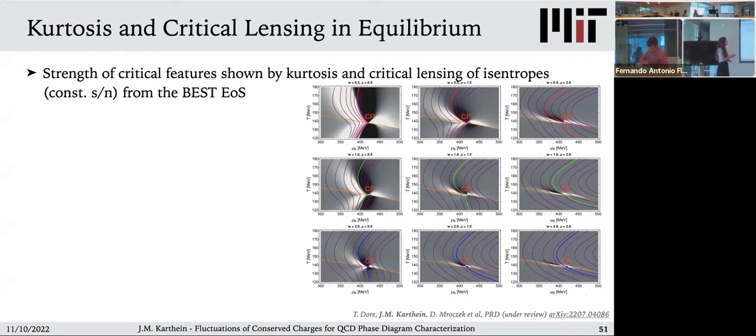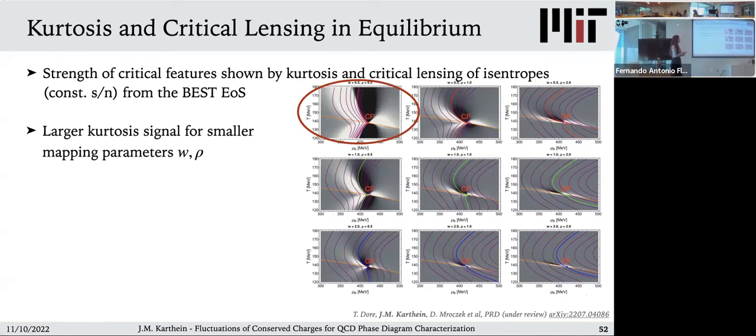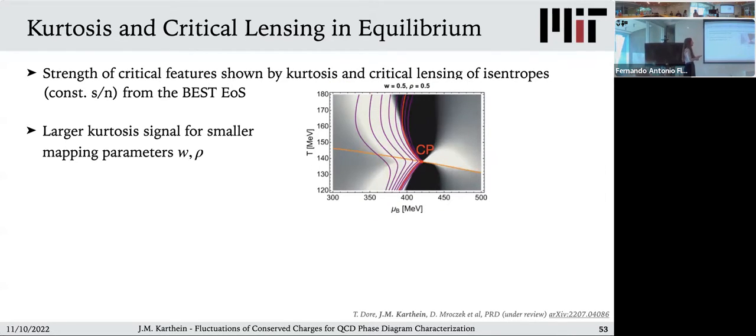What I'm showing here are varying the parameters for that scaling, W and rho, across these subplots. If we look at just one for a moment, we have the largest signal, so the largest value of the kurtosis, from the smallest scaling parameters that we have here. So again, just getting a better look here.